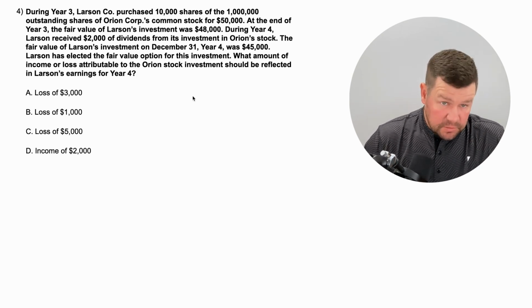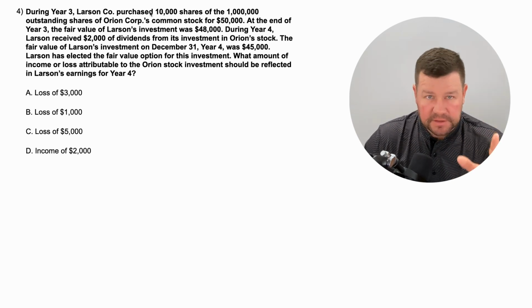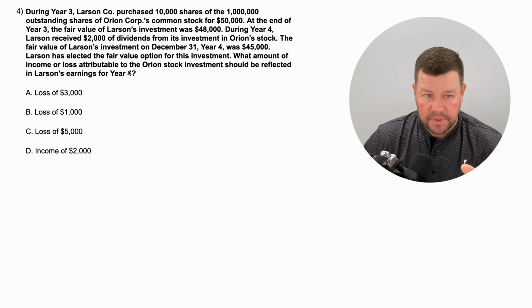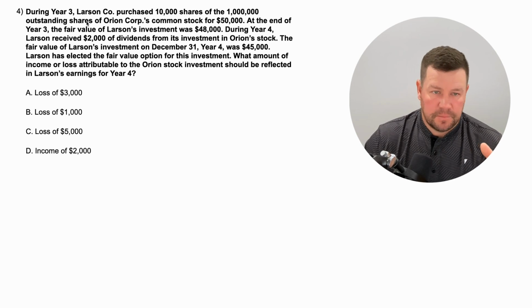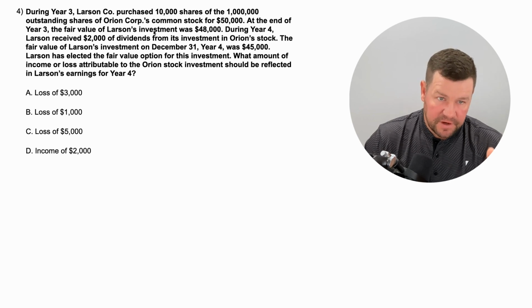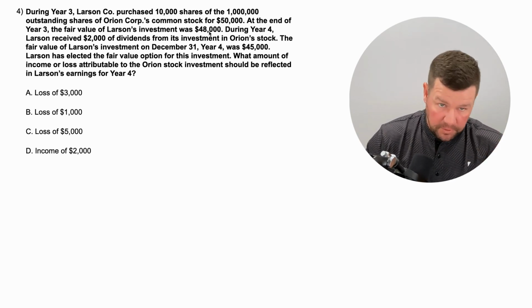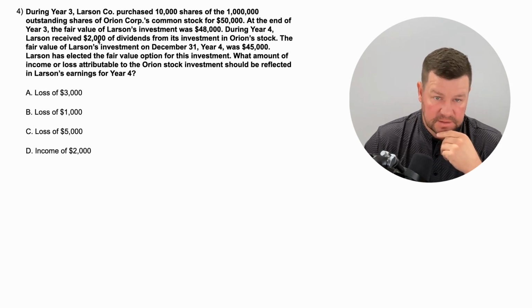All right, so on this one, if you read this carefully, during year 3, because this is asking about year 4. Year 3 is not irrelevant, but the main thing to take note of is that at the end of year 3, the fair value of the investment was $48,000. So for what we are trying to answer, that's our starting point, $48,000. During year 4, they received $2,000 of dividends, okay?